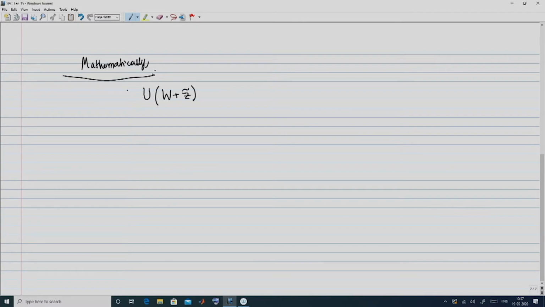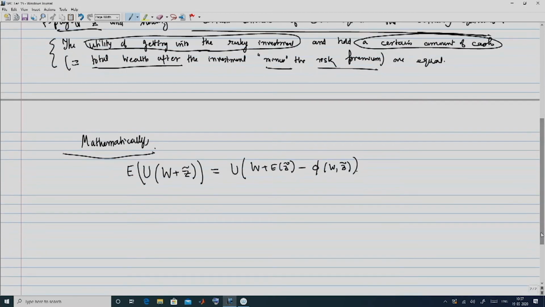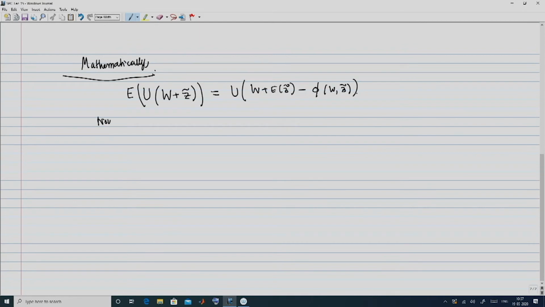Now, since this is a random variable, I have to calculate the expected utility of this, and this must be the same as the utility of W plus E z tilde minus the risk premium phi W z tilde. So, this is the mathematical manifestation of my previous statement. Now, in a fair investment, we will have E of z tilde equal to 0.